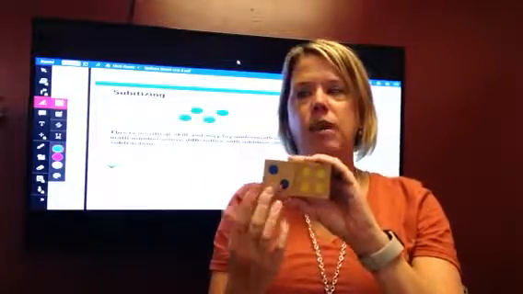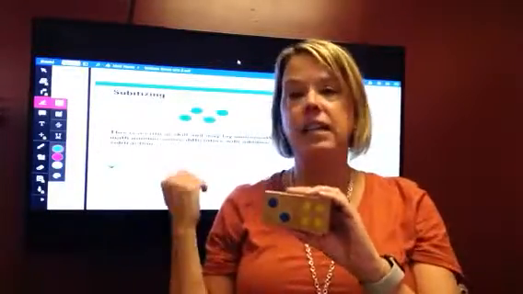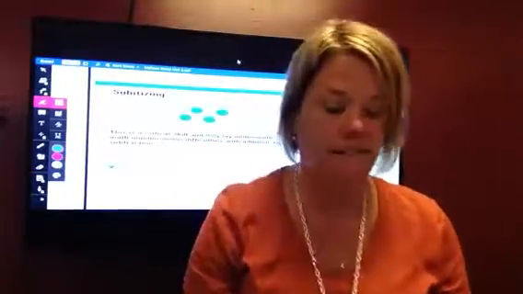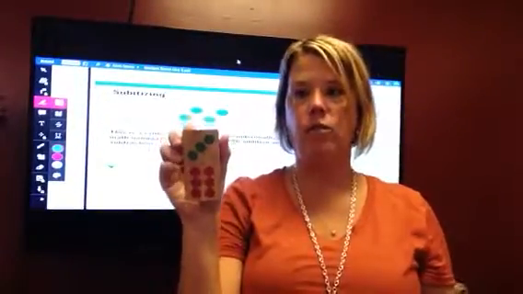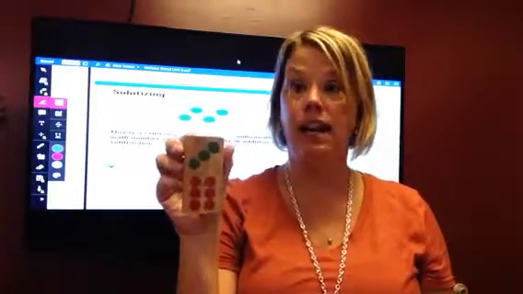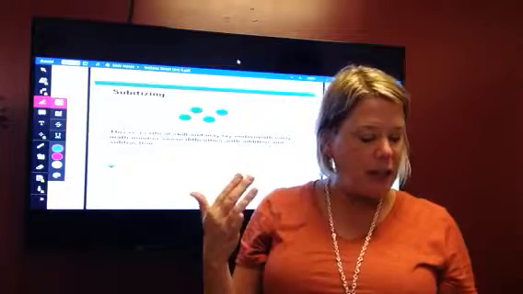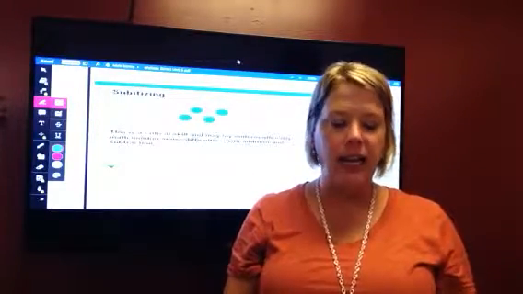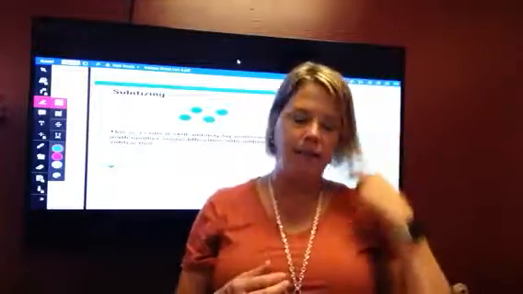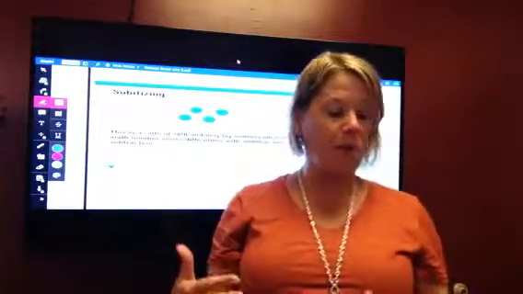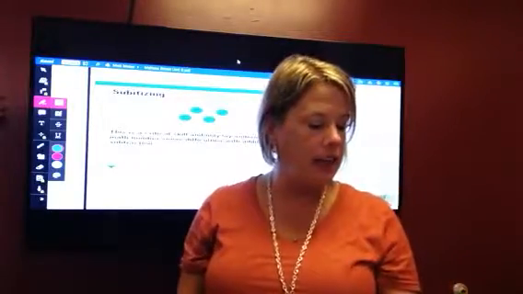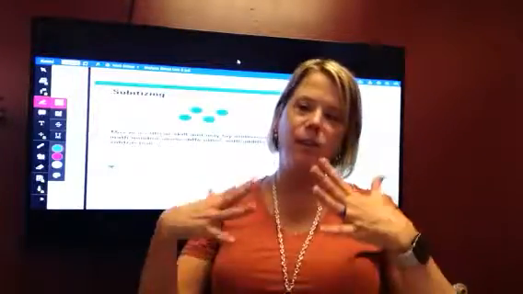I have 4 and 2, and so I know that's 4, 5, 6. 4, 3 and 6, 9. Okay, so it's good that we can look at the different quantities and combine them together mentally. That's also going to help us prepare for work in the base 10 system to be able to see that with subitizing.